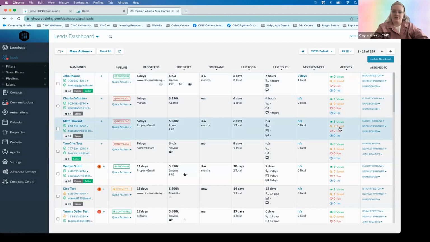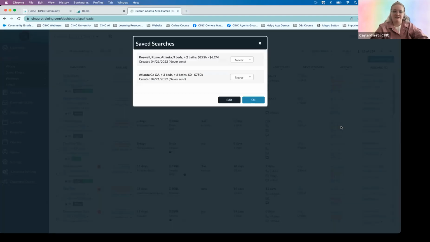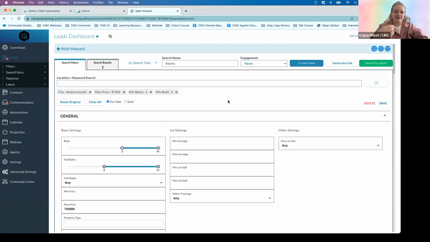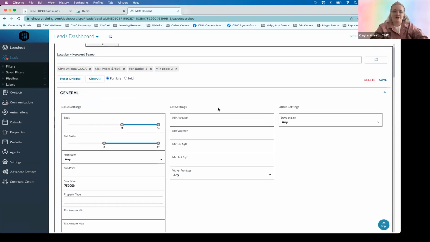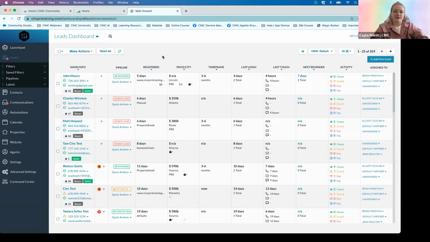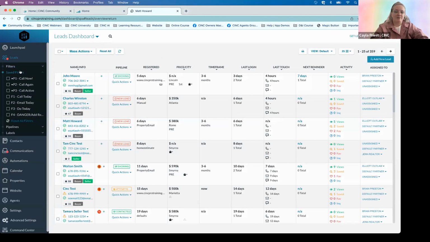It is also coming into their saved search and editing it to reflect the conversation we had about what they're looking for, making sure that it reflects the city, the beds and baths, and the price point that they're looking in. It is also working from our saved filters, using the P and the F filters to prospect and follow up. Prospect for P, follow up for F.